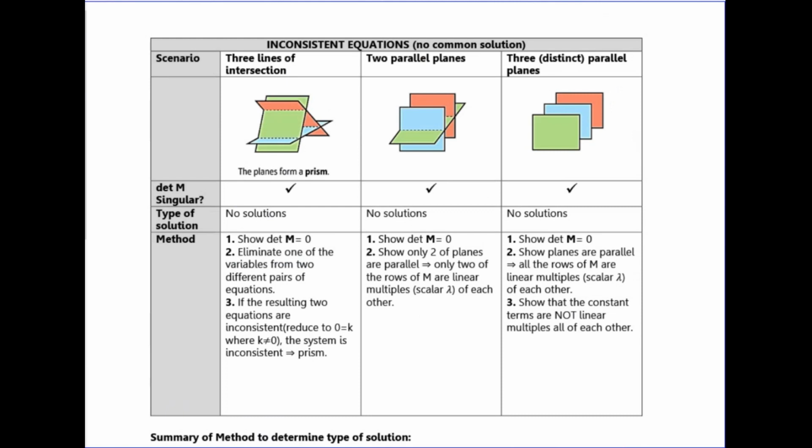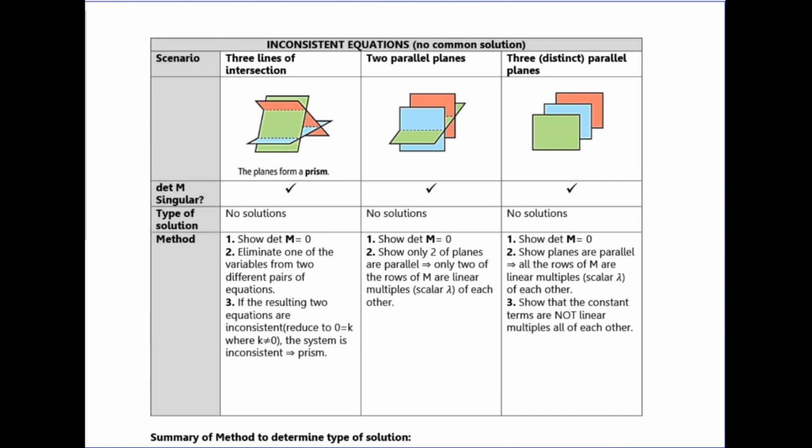Alternatively, if you get the determinant equals 0 and you get inconsistent equations, these are your no solutions options. If x, y, and z are the same in all the equations but they're equal to different numbers, this is three parallel planes that don't cross each other.